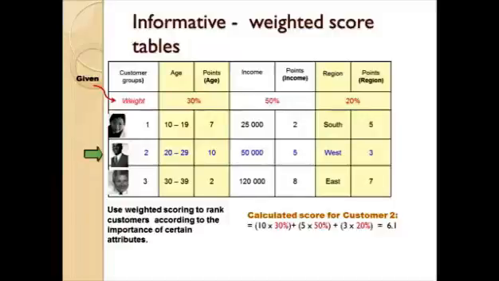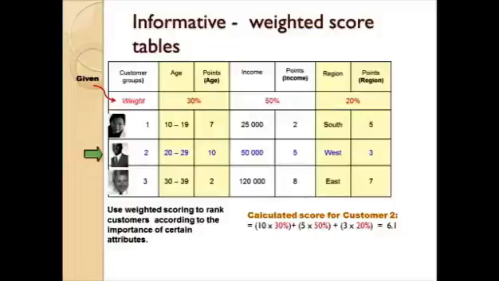Assuming that we want to target people from 20 to 29 years old, people in that group get 10 points. Then people in the 10 to 19 age group get 7 points, and for the older generation, they get 2 points.